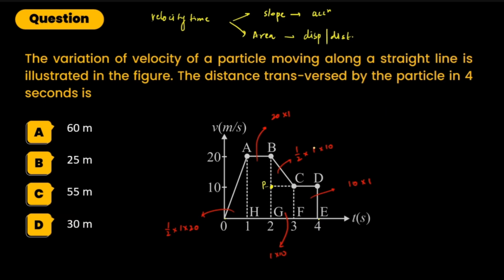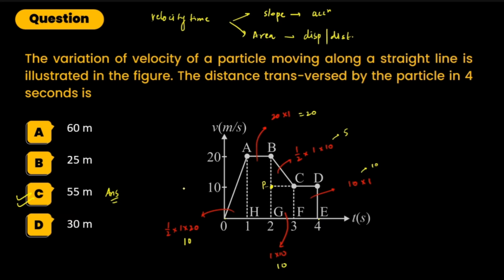Now we'll simply solve it and add them. It is going to be 10, 20, 10, 5, 10. So 10 plus 10 is 20, 20 plus 20 is 40, 40 plus 10 is 50, 55. So this is going to be our answer: this much distance must have been traversed by the particle in 4 seconds.